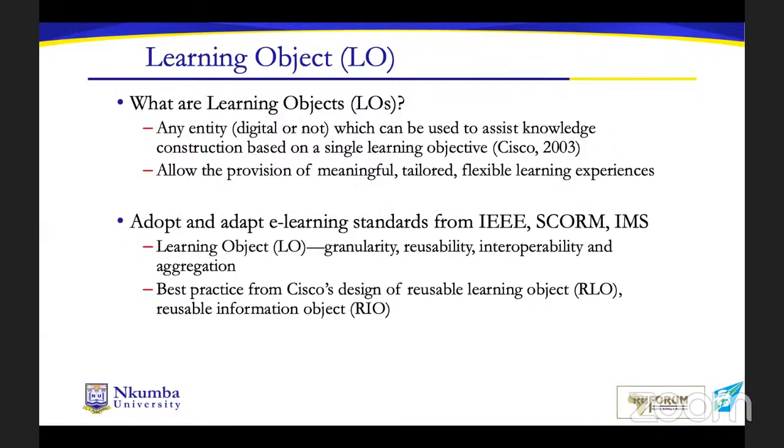But one of the most important aspects of a learning object is that it is reusable: an information object can be picked from a certain level and reused in another content out there, which follows the same standard and will work in the same way.